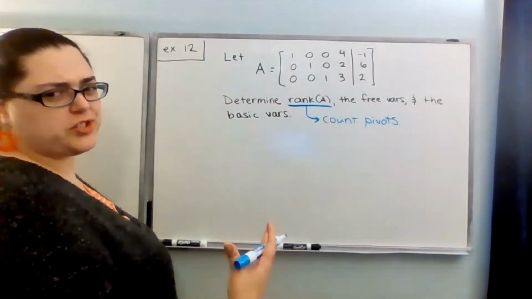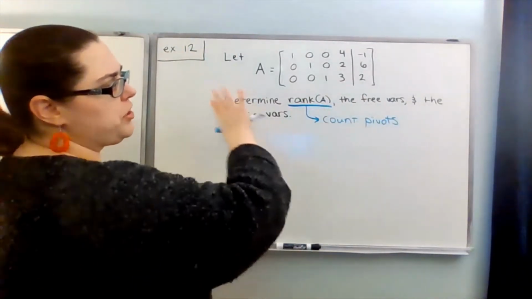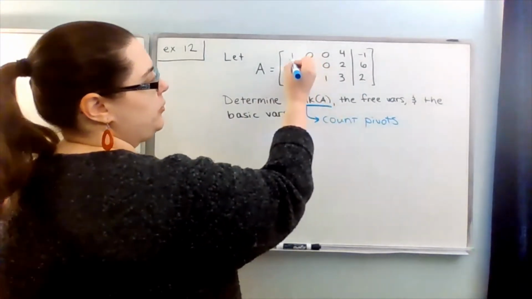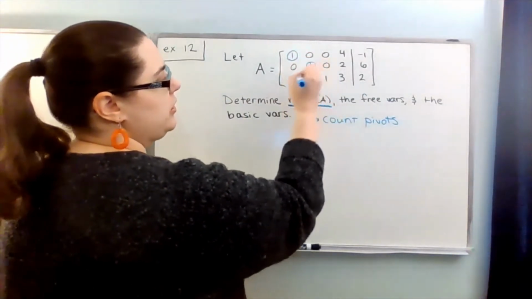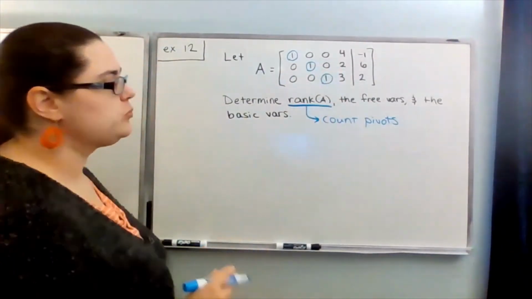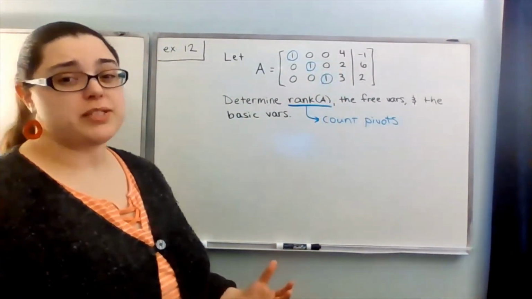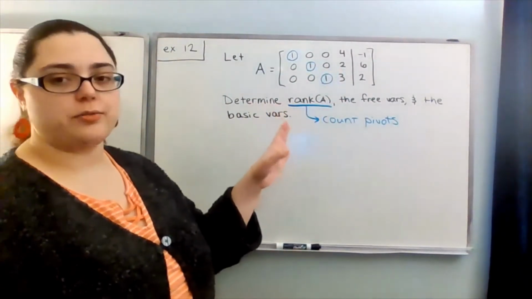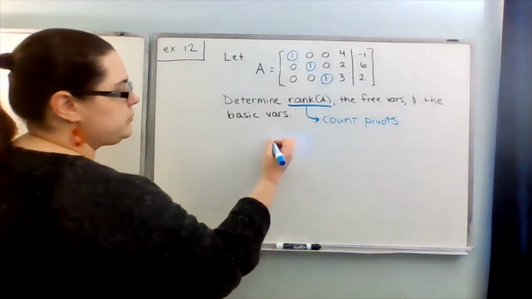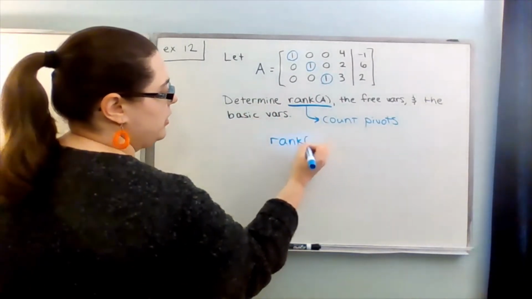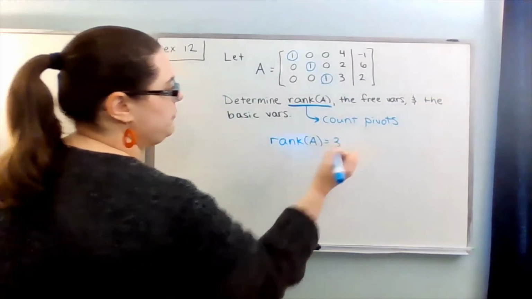So I'm just going to circle the pivot positions. Remember, those are our leading ones. So we have one up here, here, and there. So we have 3 pivot positions, which means this matrix has a rank of 3. So rank A equals 3.